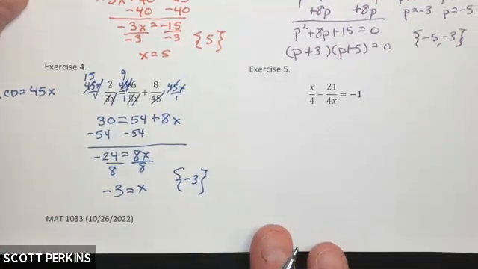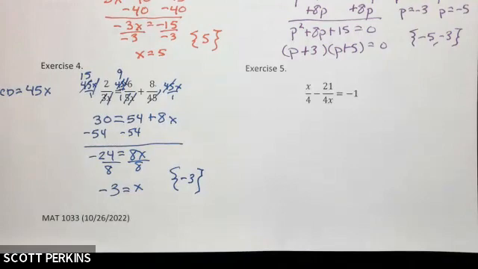All right, last one. We've got one more with monomials in the denominator. Exercise 5, please.